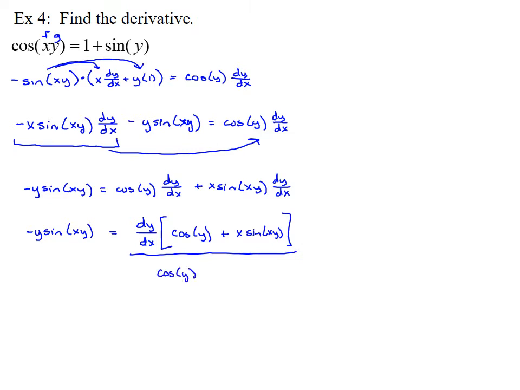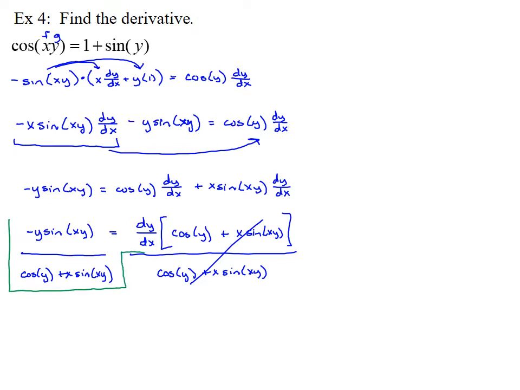So that's cosine of y plus x sine of xy. Do that on both sides. A lot of writing you're probably seeing. These cancel, and now that your dy dx is by itself, once again, while it's not pretty, this is the derivative of your function. Negative y sine of xy divided by cosine of y plus x sine of xy.